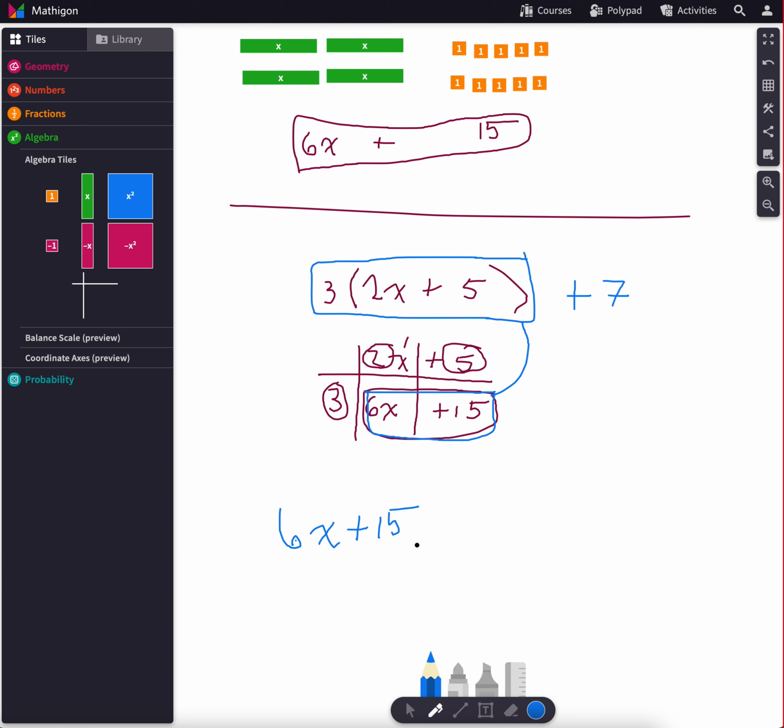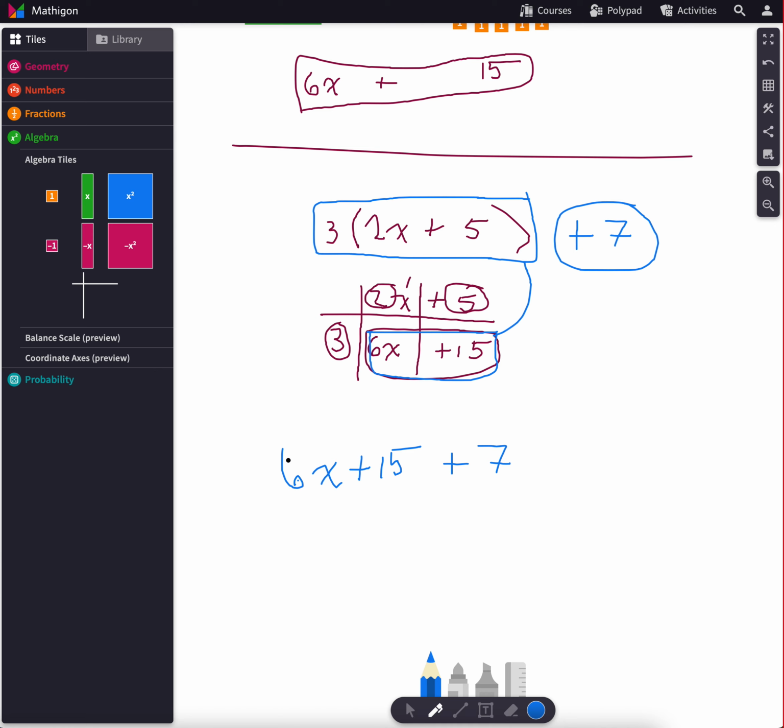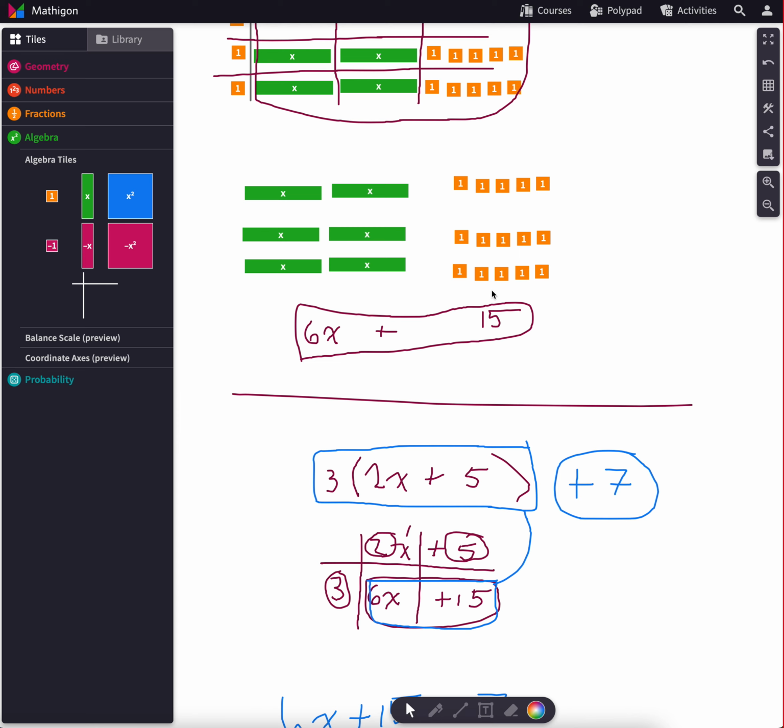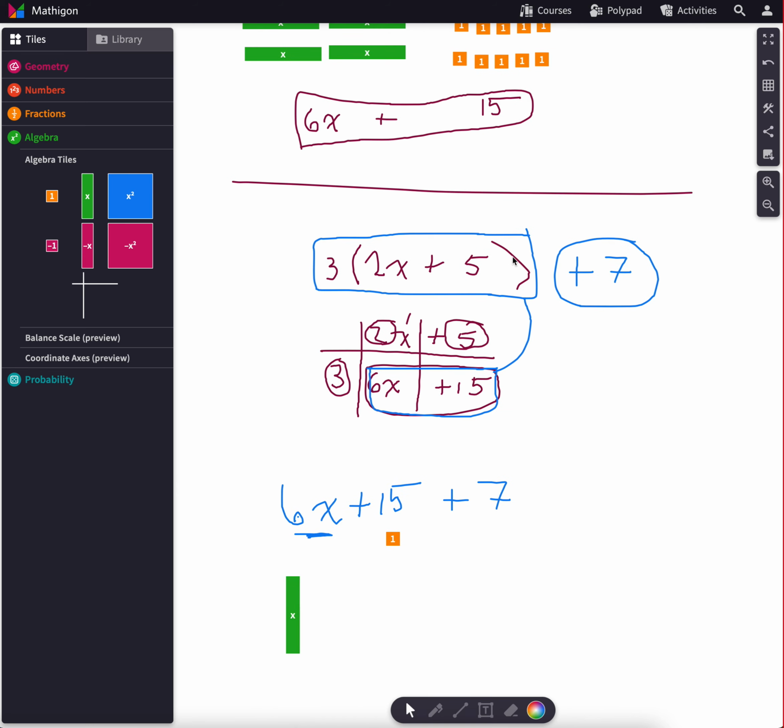But then you can't forget about the rest of the question that's sitting there. Plus 7. Right? Well, you can't add 6x's to this, right? Remember what this is. There'd be 15 of these, right? Like what we saw here. But I can add the 15s and the 7 together, right?